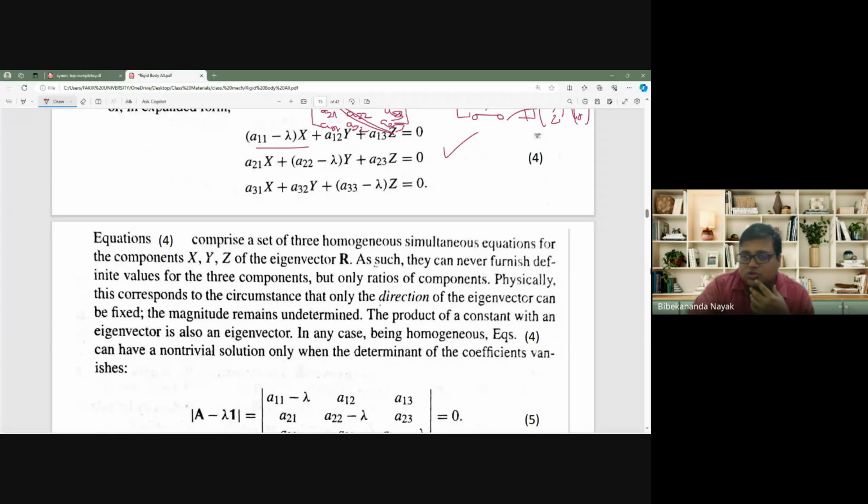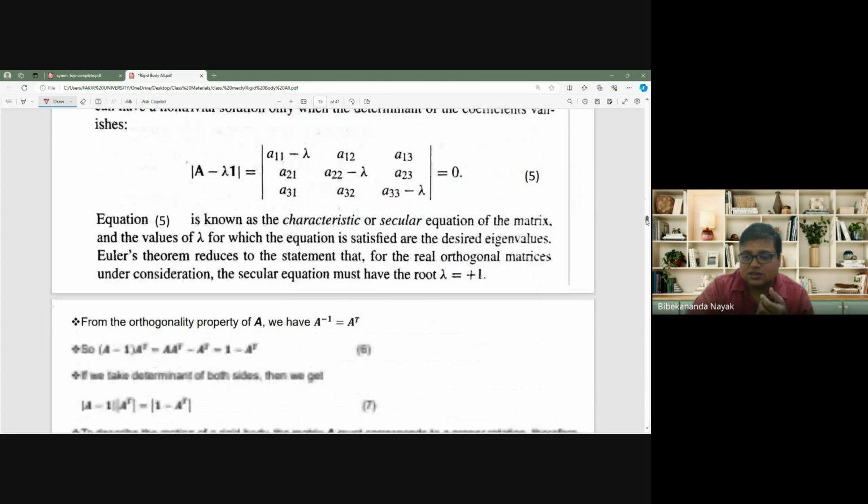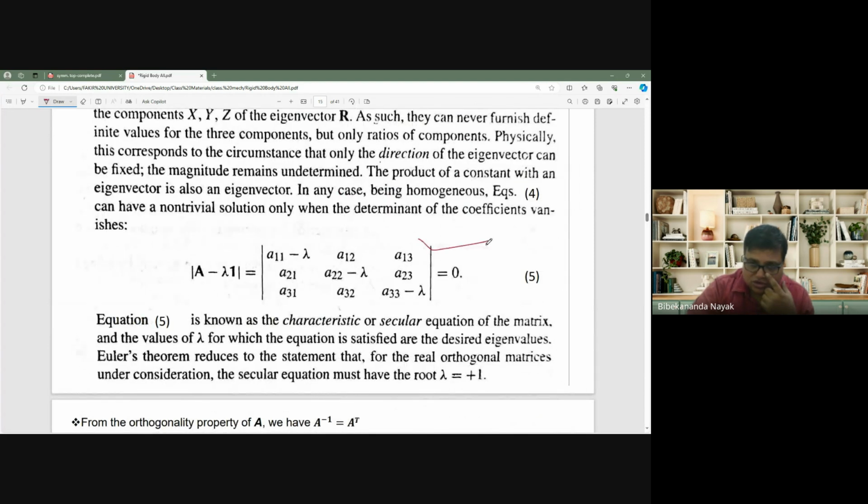Now our aim is to find this. It will be multiplied by x, y, z. So the determinant of A minus lambda I should be 0, since x, y, z multiplied by this gives you 0, 0, 0. This is the secular equation, or characteristic equation, in matrix form. For the eigenvalue, A equals lambda I means the determinant of A minus lambda I should be 0.